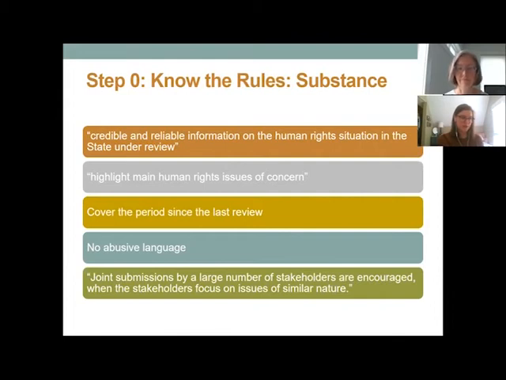The scope of the report, as Amy talked about, should be limited to the period since the last review. So that's usually about 4.5 years prior to the session where the government will be under review. So limit your report to information from the past 4.5 years.